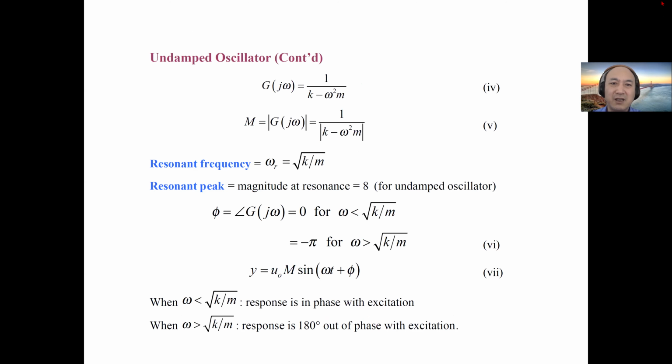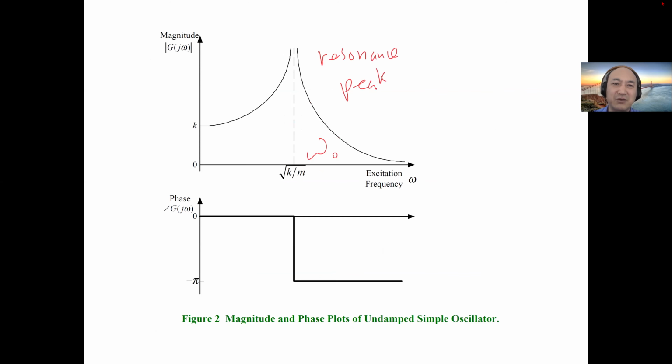If you have this omega in here, it's possible to make this term 0, because when your omega is chosen as the square root of this one, you make this one 0. So that magnitude is infinite. That's why you have this infinite peak.